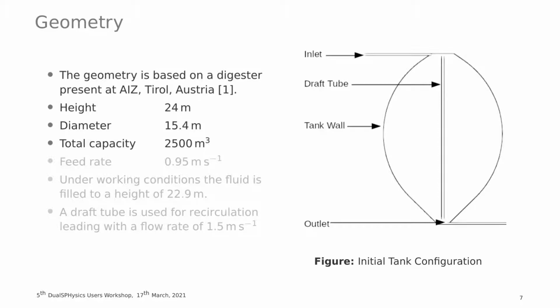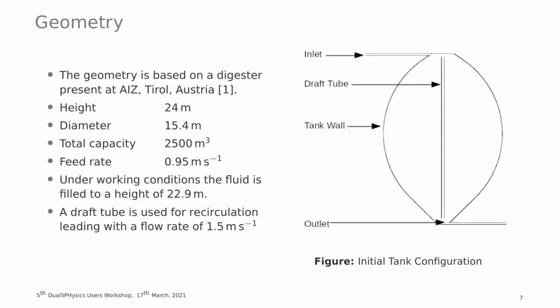The diameter at the widest region is 15.4 meters, with a total capacity of 2,500 cubic meters. So this tank has an inlet and an outlet, and which has a constant feed rate of 0.95 meters per second.